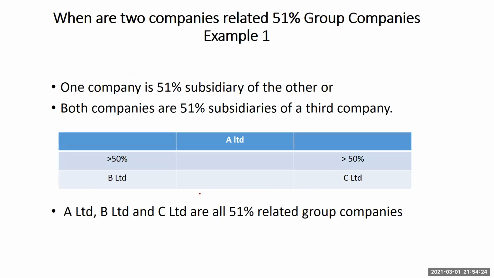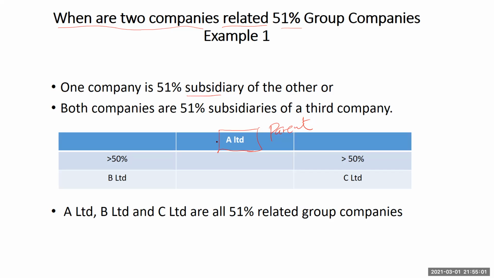Great. Now, let's take an example. When are two companies related under the 51 rule? We look at a scenario where one is a subsidiary and one is a parent. Two or more companies could be connected together. A company will become the parent, or the holding company.